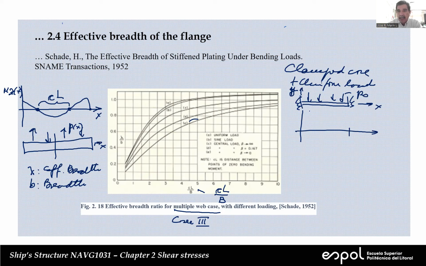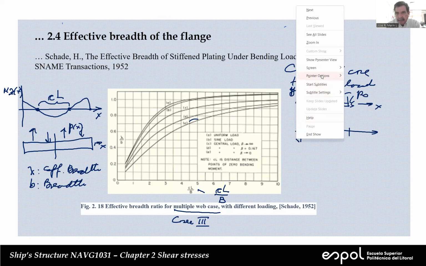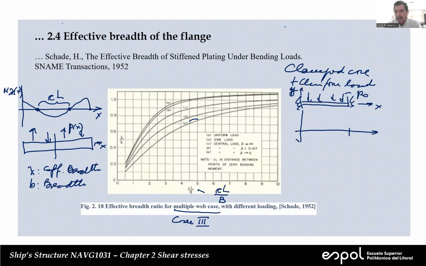Okay, so immediately you see this, and what are the boundary conditions for this, on the left and on the right? Mr. Aizaga, are you there?